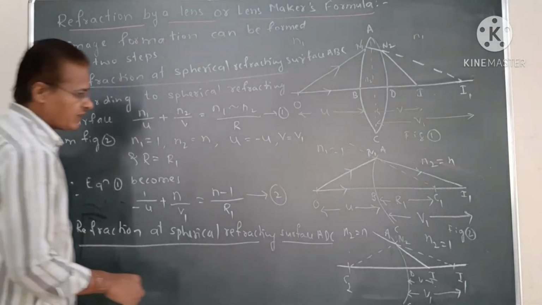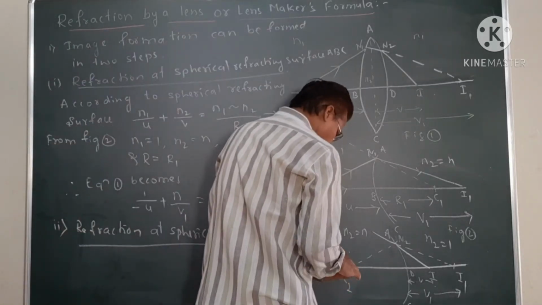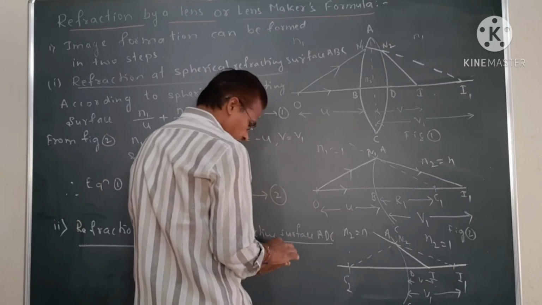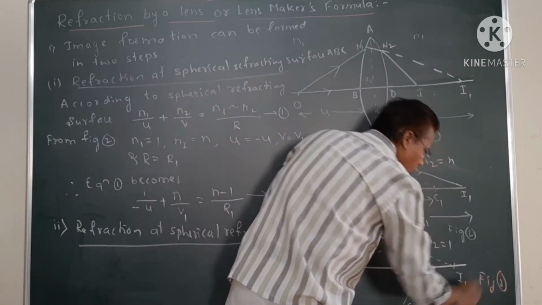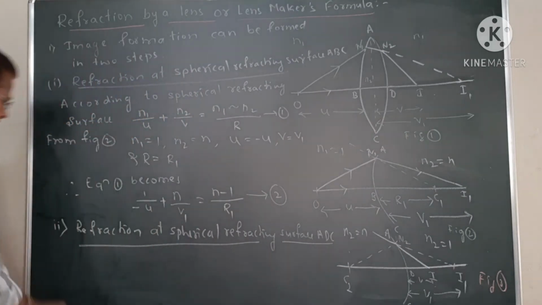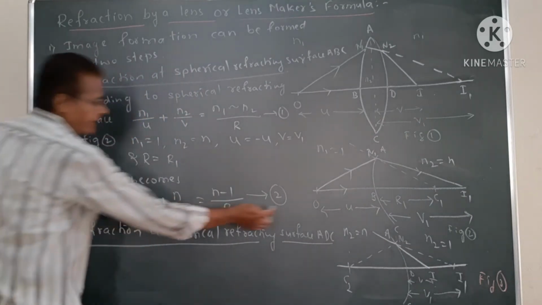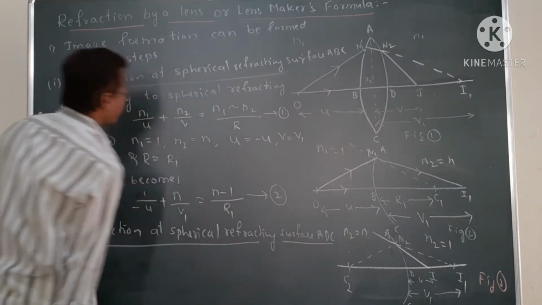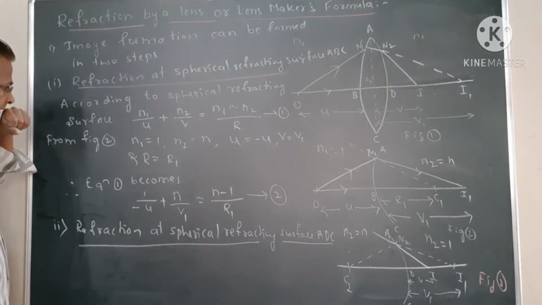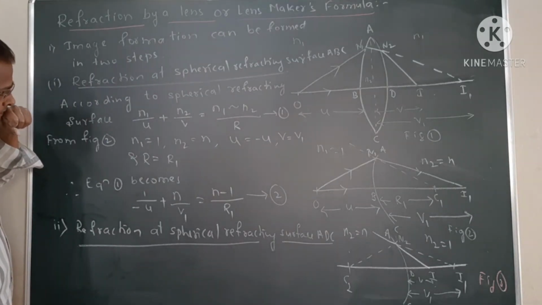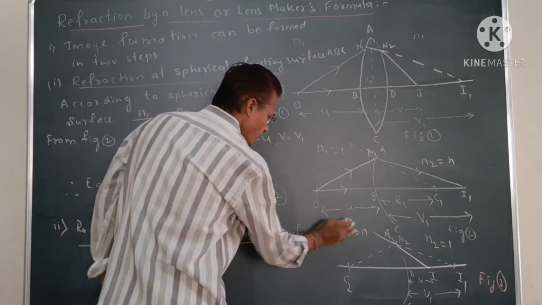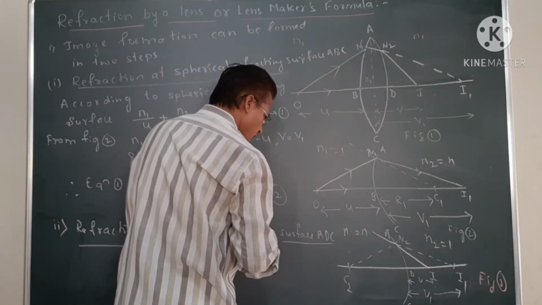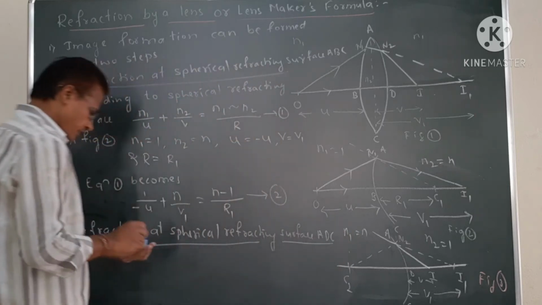Now from figure 3, so this is what we are going to think of as figure 3. I am taking figure 3. Here in figure 3, n2 will act like n. Sorry, this is n1. I have to take it as n1.